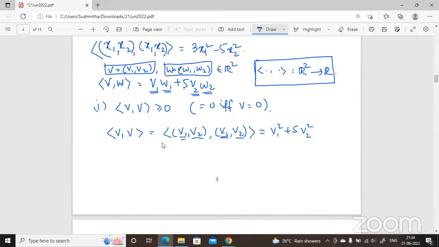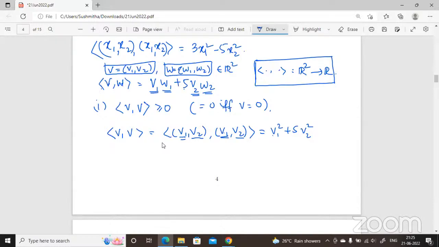If it satisfies them, I will say it is an inner product. The first condition is whether the inner product of V with itself is greater than or equal to 0, so I am calculating the inner product of V with V. The definition given is that for two vectors V and W, their inner product is defined like this.